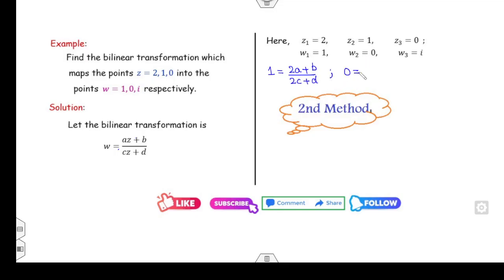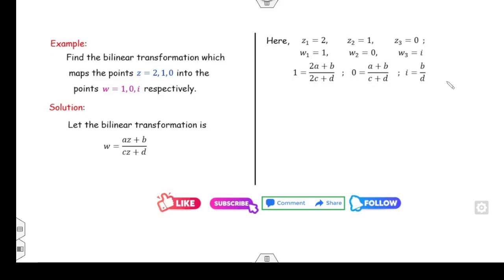W2 is 0, Z is equal to 1: (A plus B) over (C plus D). W is equal to iota, Z is equal to 0: B over D. Now from this equation you can find the value of B. B is equal to iota D. From this equation you can find A is equal to minus B.